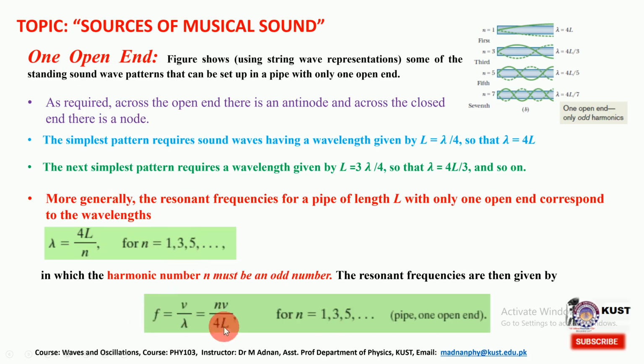as we have discussed for the two open end situation, that since the medium inside is the same, the velocity will be the same, or you can say the speed of sound inside the medium will be the same. The lambdas are different, as one can see that for this fundamental mode lambda is equal to 4L.